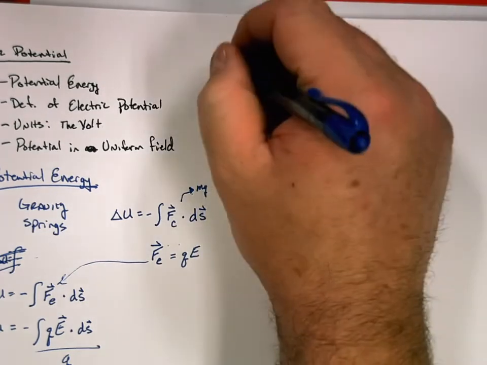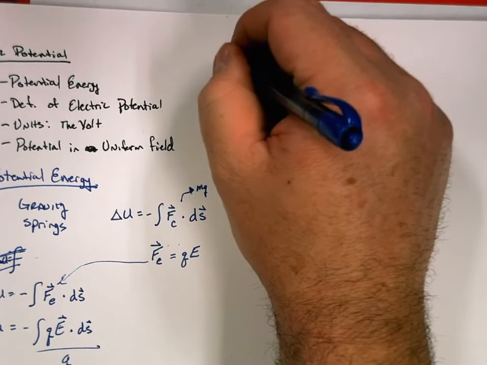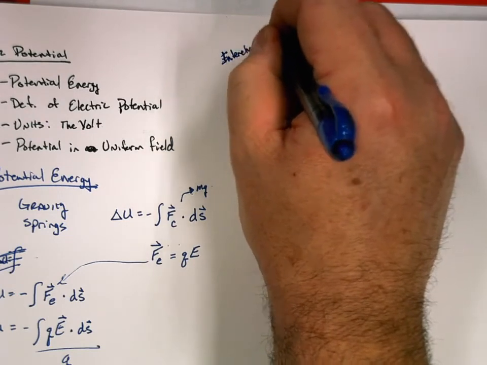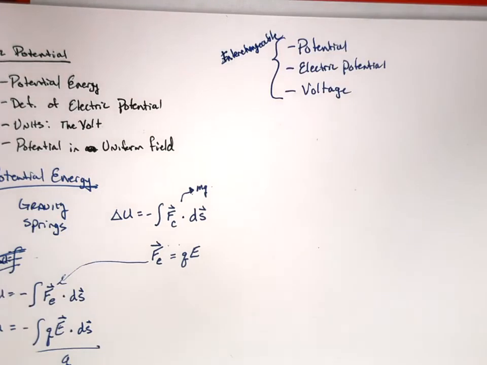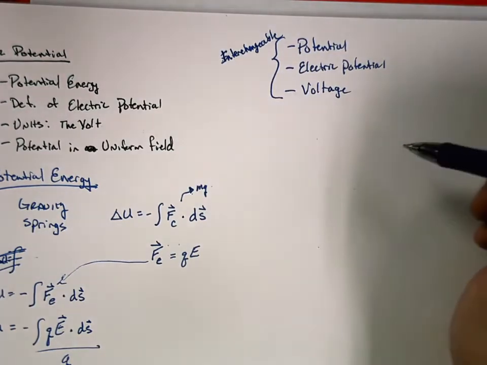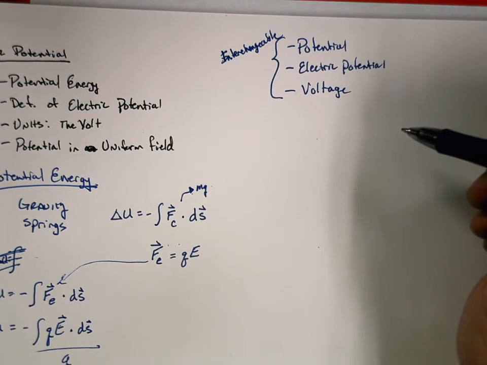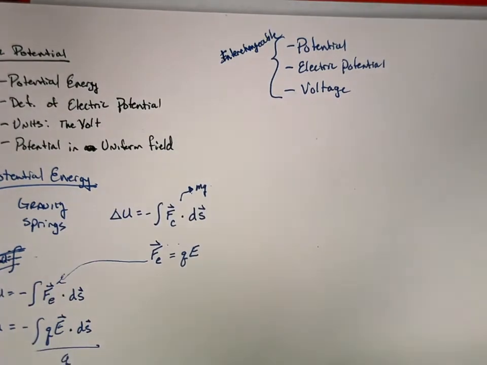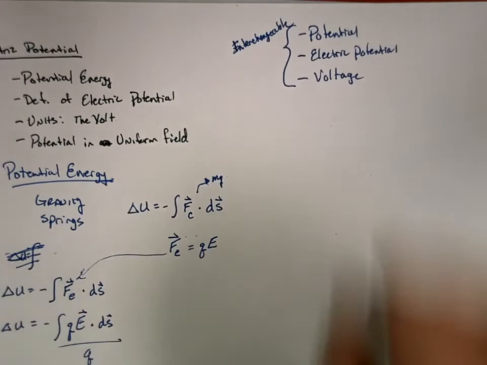These terms are interchangeable. Potential, electric potential, voltage, they all mean the same thing. They're all referring to the same quantity, the same concept. Okay, so let us then come up with some point charges.